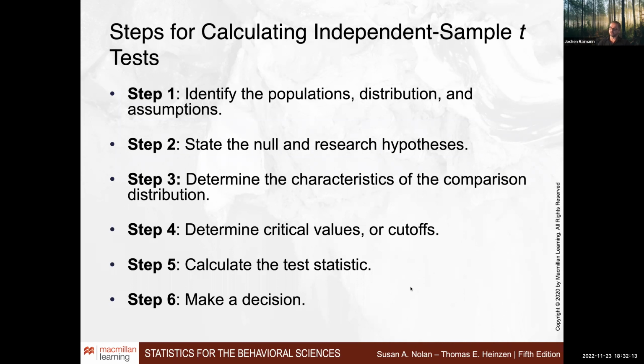You then determine your critical values and your cutoffs, which is done by assumption of a certain alpha, which, just to recall, is the type 1 error, or the risk of rejecting something that you shouldn't have rejected. And the alpha is the type 1 error that you're willing to accept.